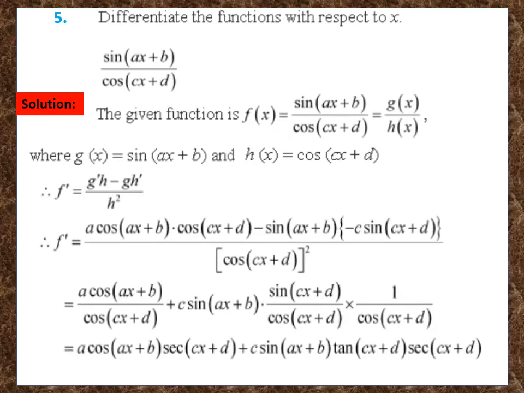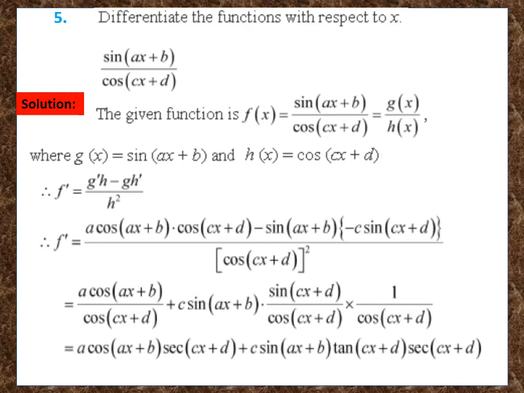Moving to question 5. Differentiate the function with respect to x. The function is (sin(ax + b))/(cos(cx + d)). Now you can see that this is in the form of division. So we have the division rule for differentiation, u upon v. And we know that the differentiation is equal to what?